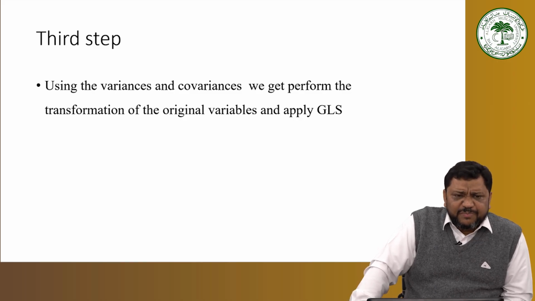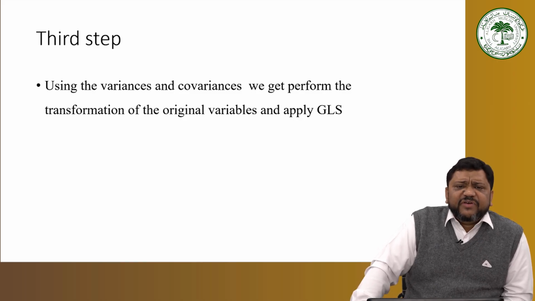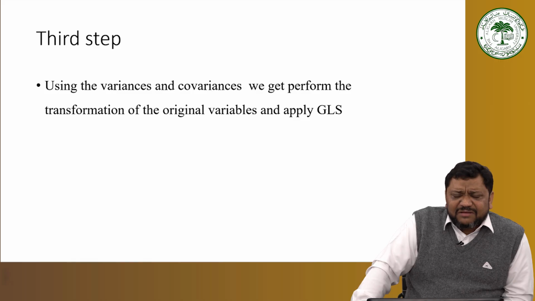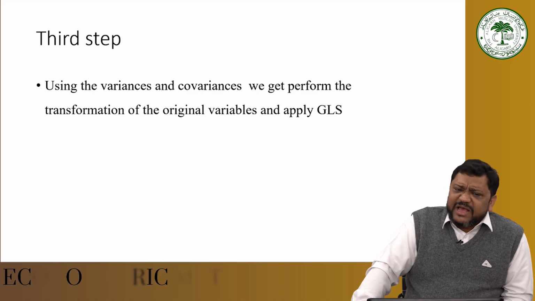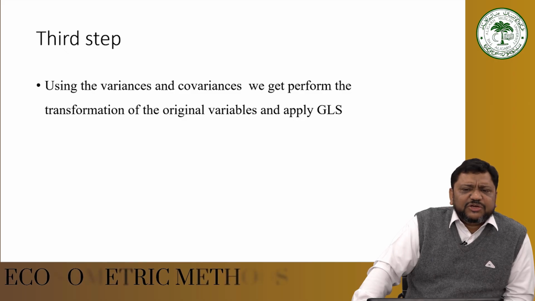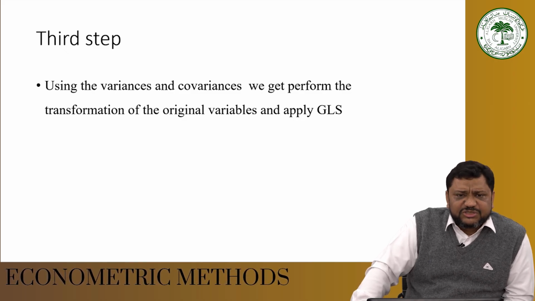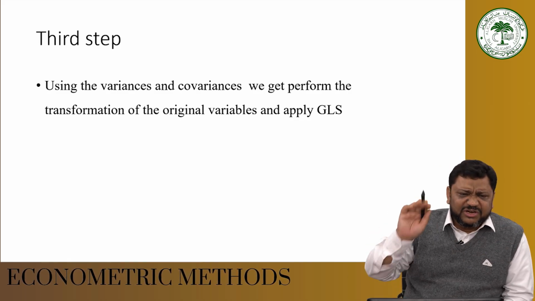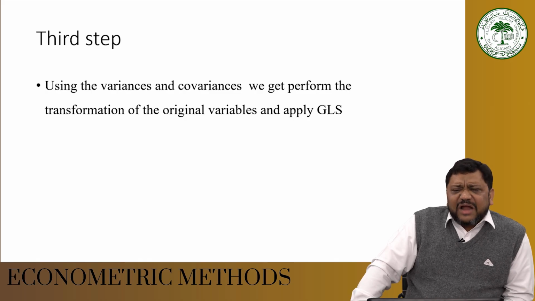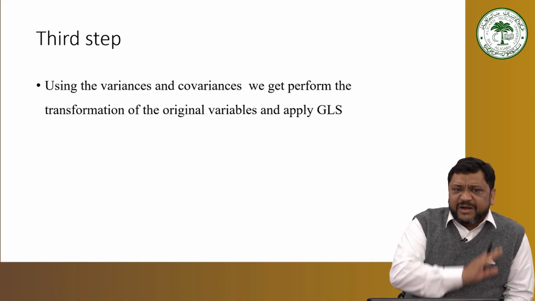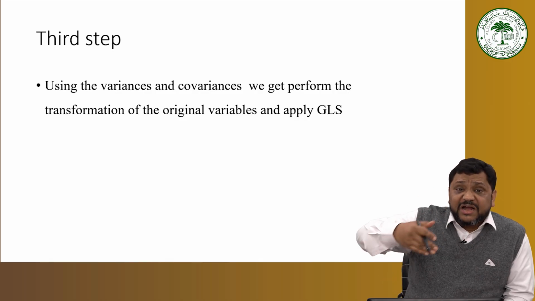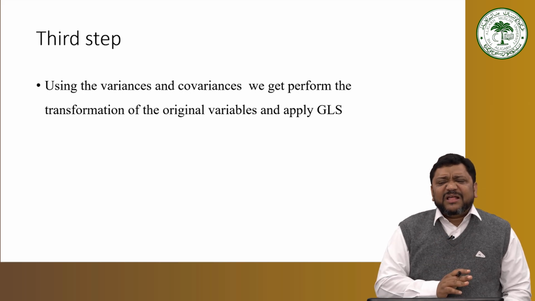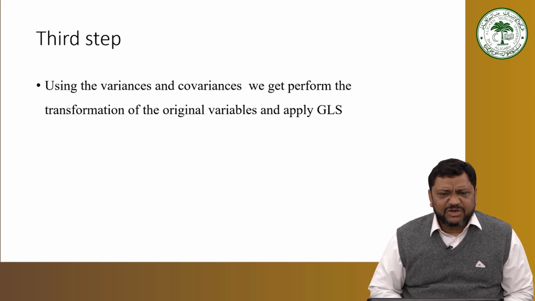In this class today we will not be able to explain the concept of GLS, but these variances and covariances are required for its estimation. As a concluding note, the 3SLS method is obviously more efficient than the 2SLS method, but it is a very tedious process and it requires complete knowledge of the model specification. We use this when the random terms are contemporaneously dependent, but if they are contemporaneously independent, then there is no difference between the 3SLS and the 2SLS models.